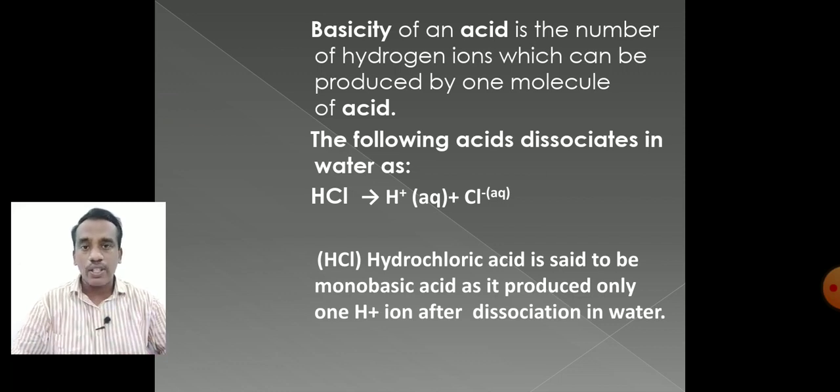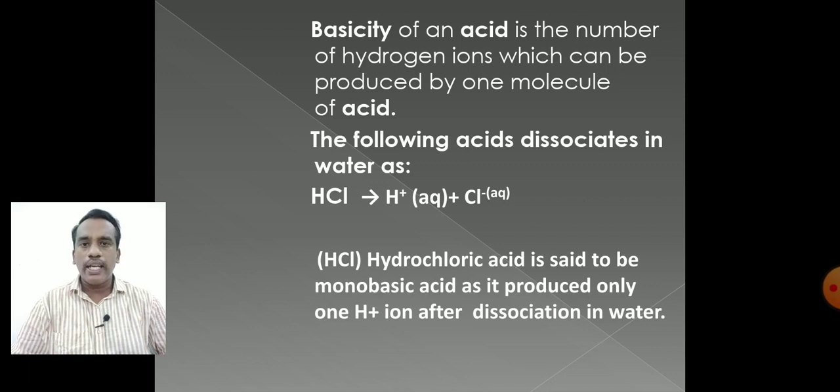Let us give the definition of the basicity first. What is meant by the basicity? Please observe there. Basicity of an acid is the number of hydrogen ions which can be produced when one molecule of acid is dissociated in water.